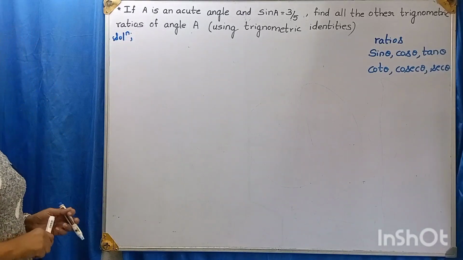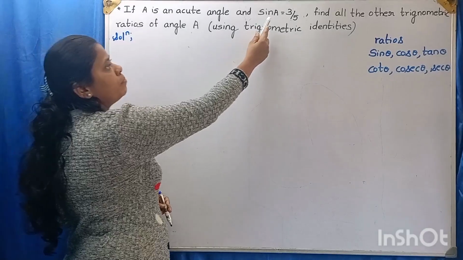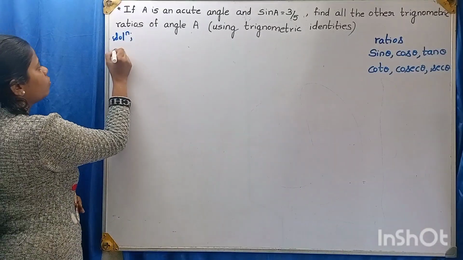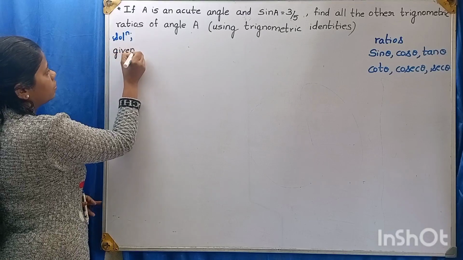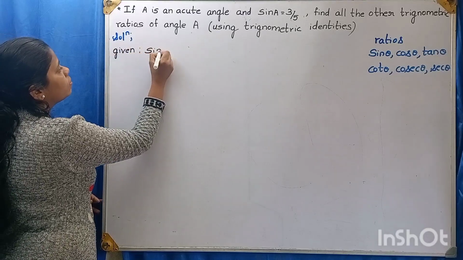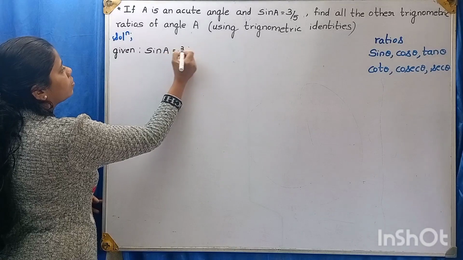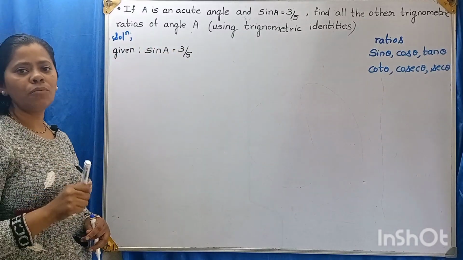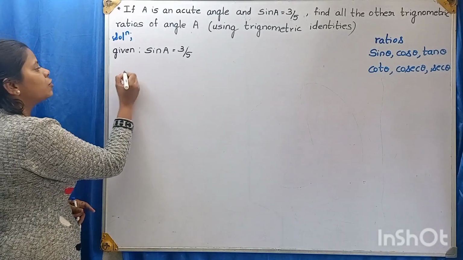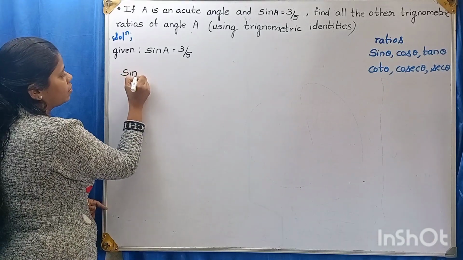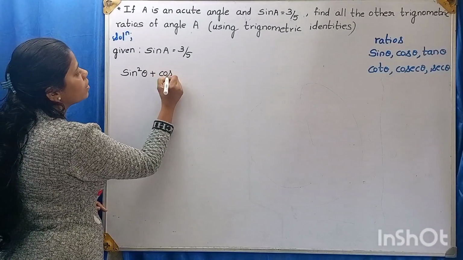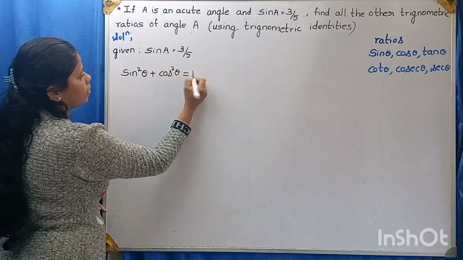Now let's see what is given in the problem. Sin A is equal to 3 by 5. And we know the trigonometric identity: sin square theta plus cos square theta is equal to 1.